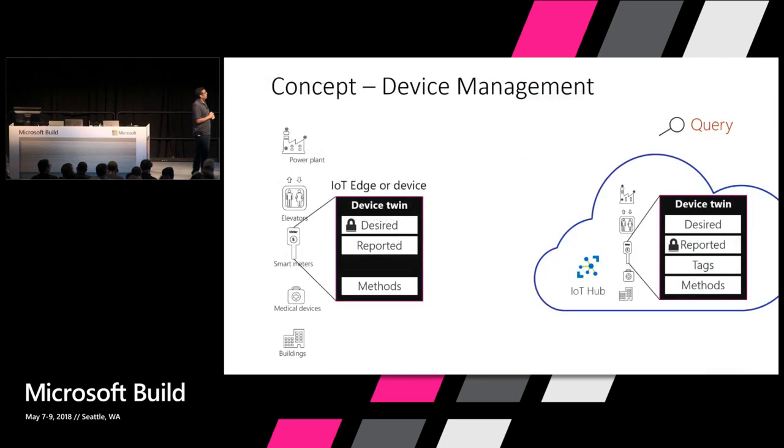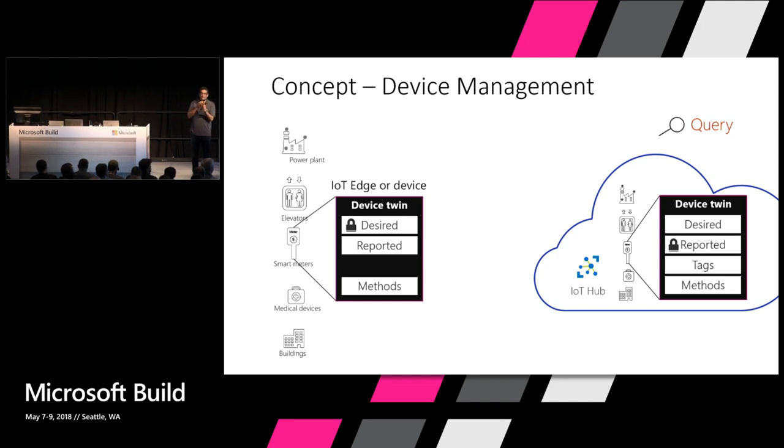Last one, device management. If you have gone to Sam's session just before this, you have heard about this, a lot of details there. But essentially what is happening is, for each device out there and in the cloud, there's a state that we maintain for each device. We call those twins because there are always 2.